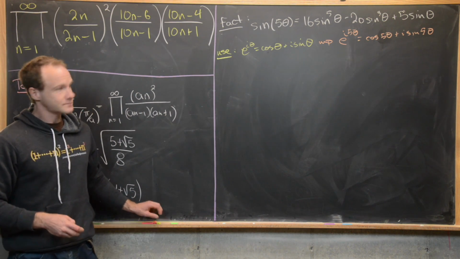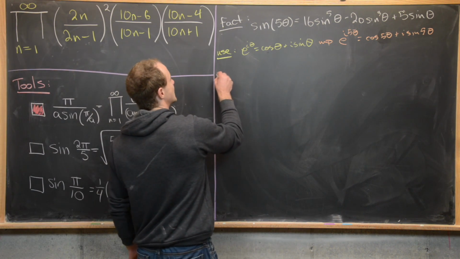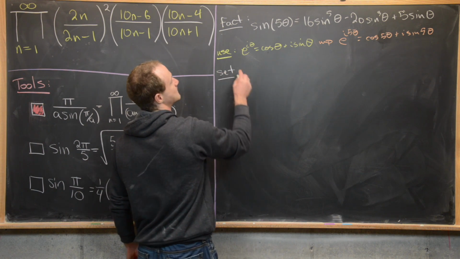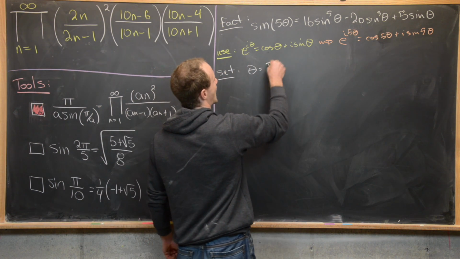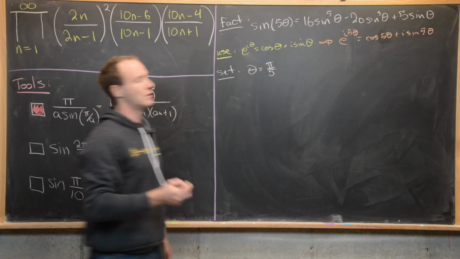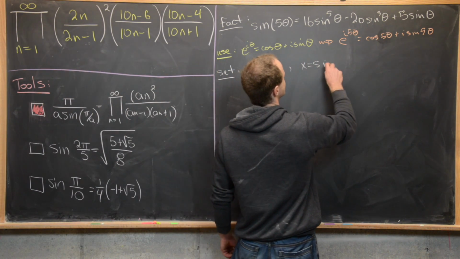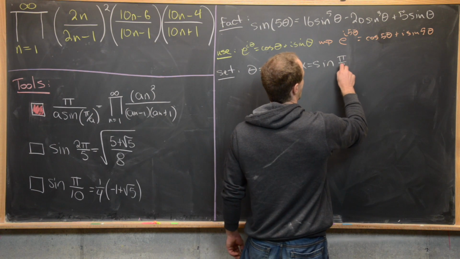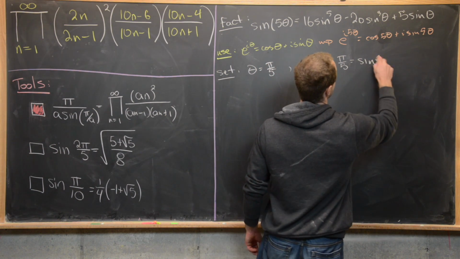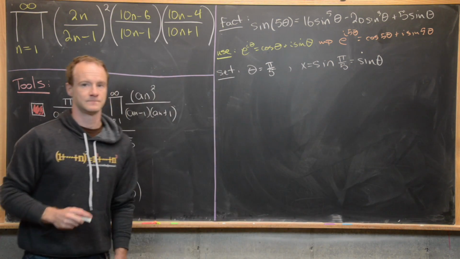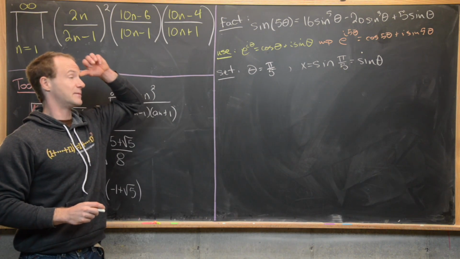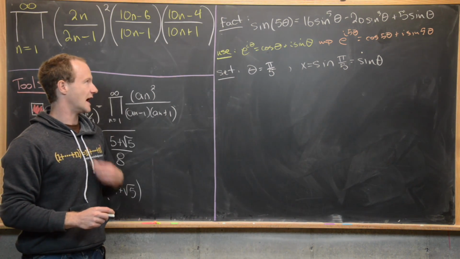Okay, great. So now what I want to do is set theta equal to pi over 5 in this equation up here. And then we'll set x equal to sine of pi over 5, or sine of theta in this case. Notice that's going to give us a polynomial which we can solve for x.